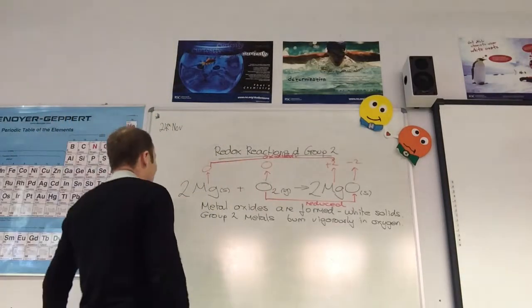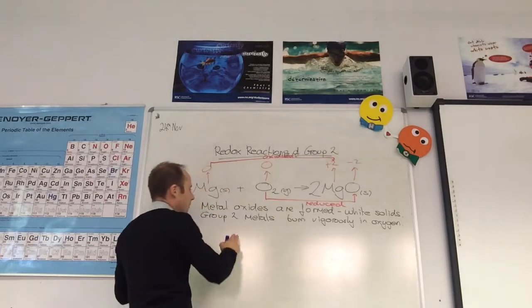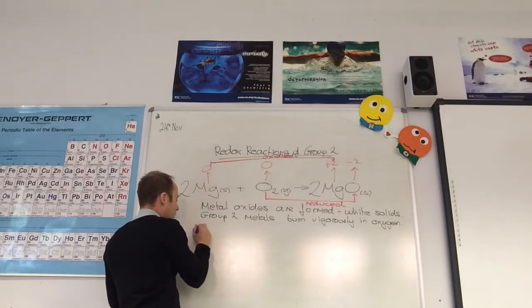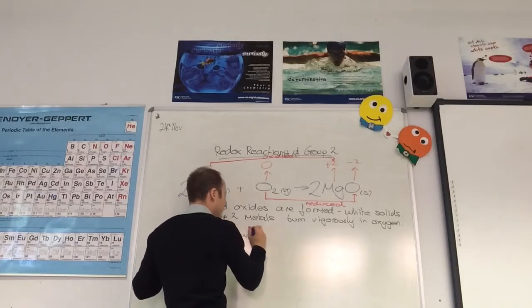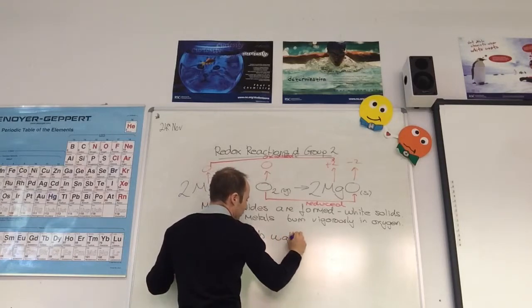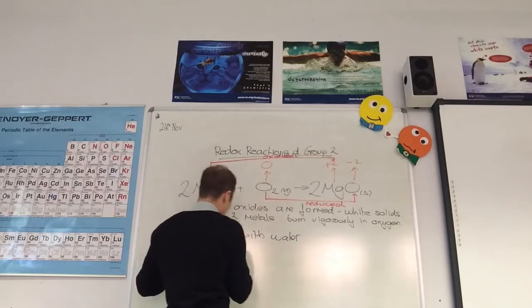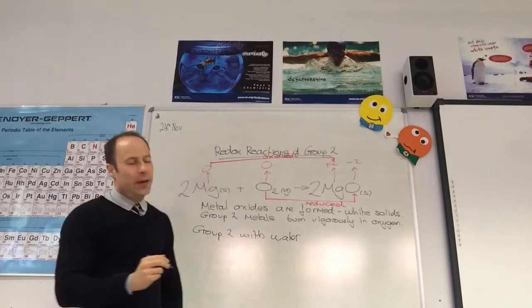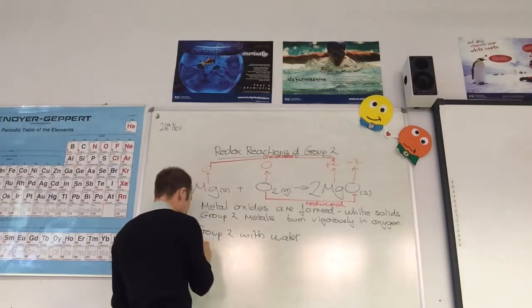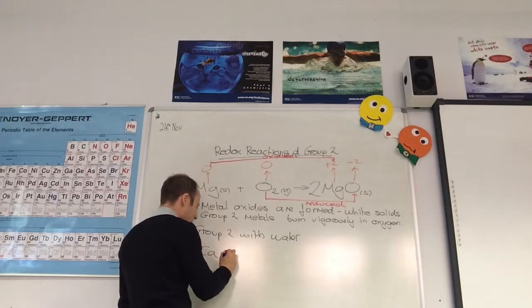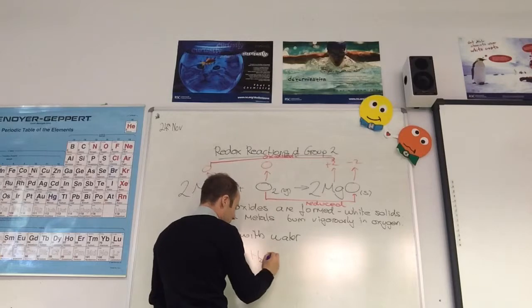The one with water is slightly more involved, so that's with oxygen. So we also can do group 2 with water. Let's do calcium. So let's take calcium and react it with water.